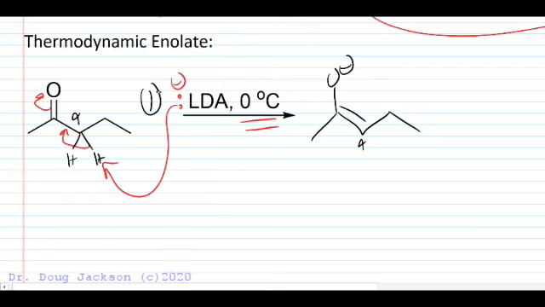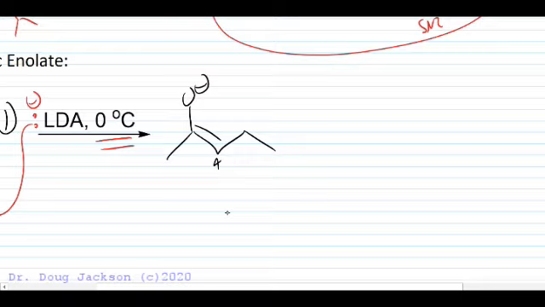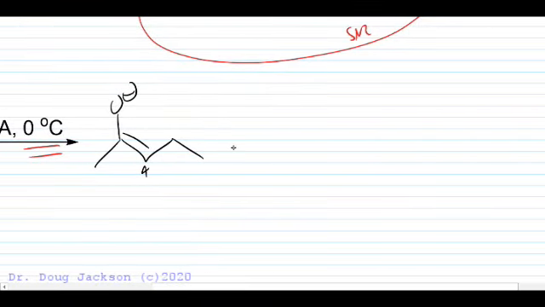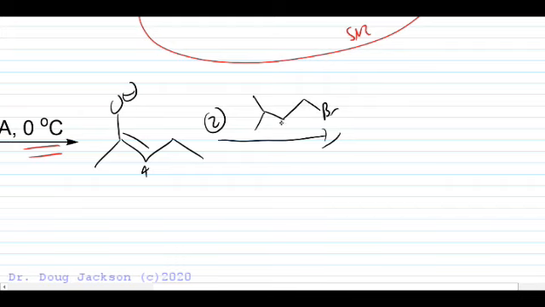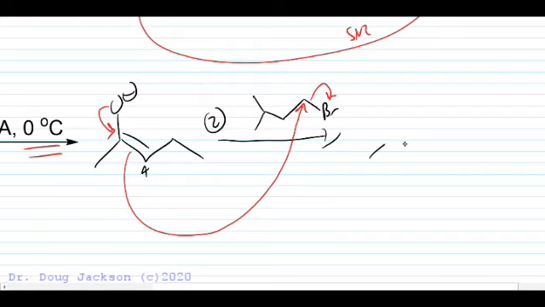So that's step 1. Step 2 would then be to turn around and alkylate with our halide. If we take a halide like this, so that's 1, 2, 3, 4, 5, isopentyl bromide, we attack the primary position, SN2 style, and kick off the leaving group.